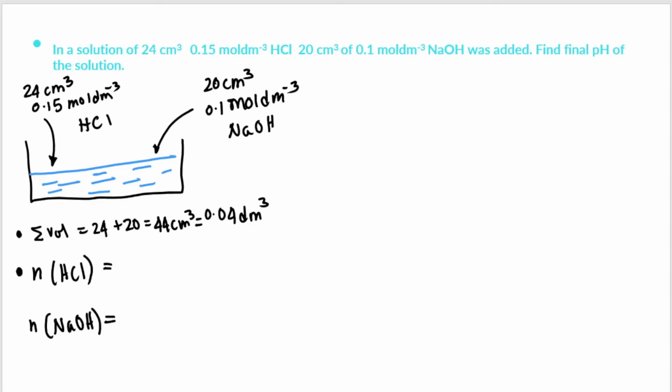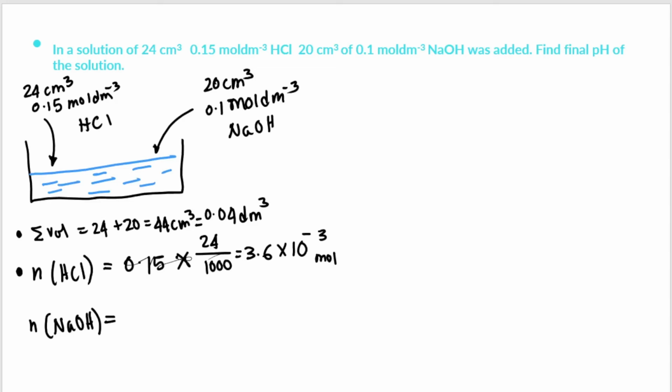So first, for HCl, we write 0.15 into 24 by 1000, which is 3.6 times 10 to the power minus 3 moles.